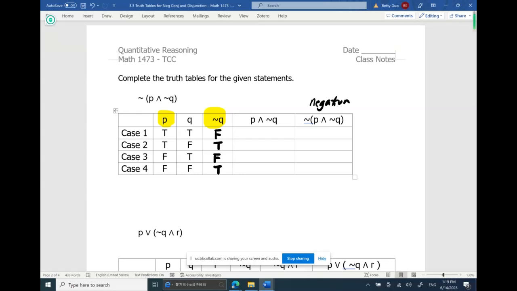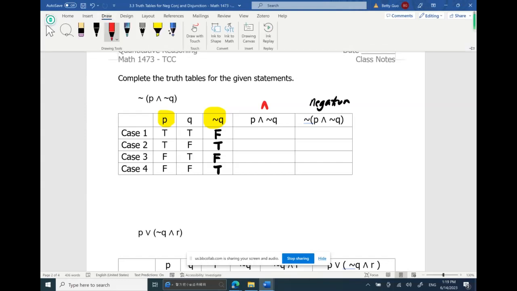Okay? So now look at the 2 yellows. The 2 yellows are the 2 components of this conjunction. What's the sentence that you need to memorize for a conjunction? For a conjunction to be true, both of the 2 component statements must be true. Do we have that?